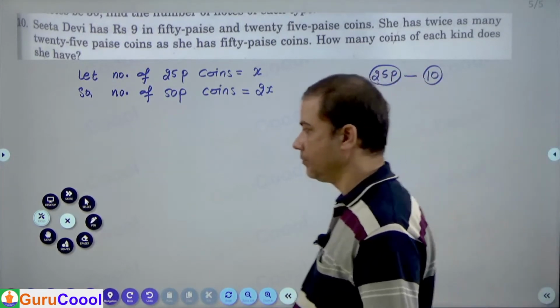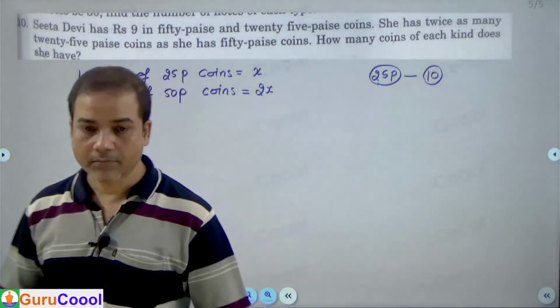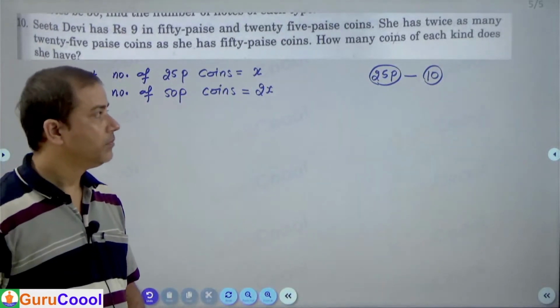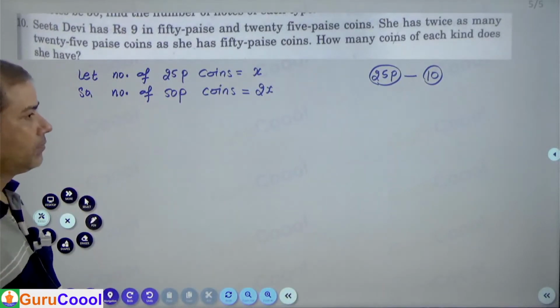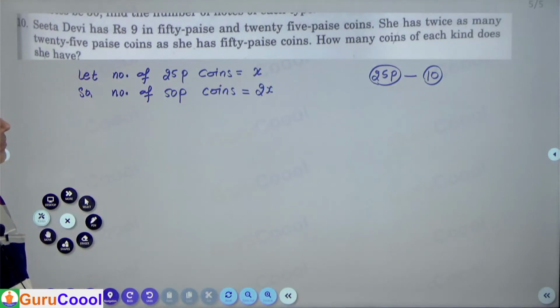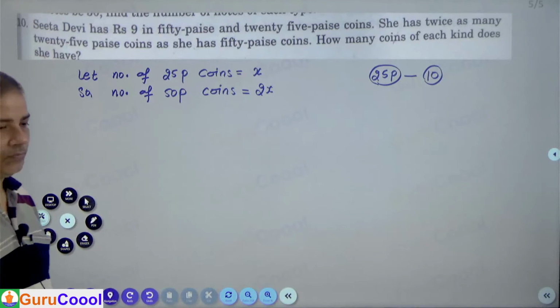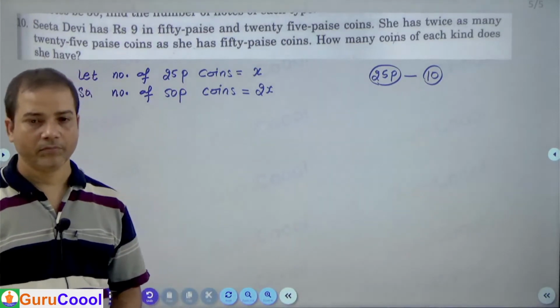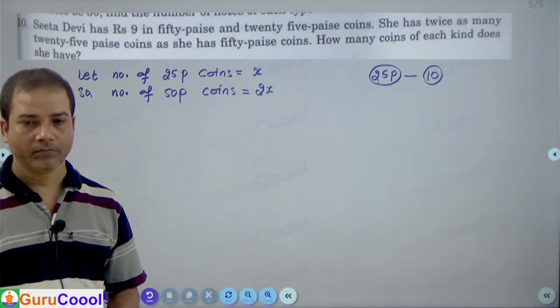Sir, 2 rupees 50 paise. How did you do it? Sir, we will make 25 paise to 0.25 and then we will multiply.